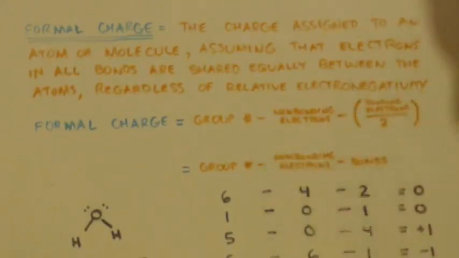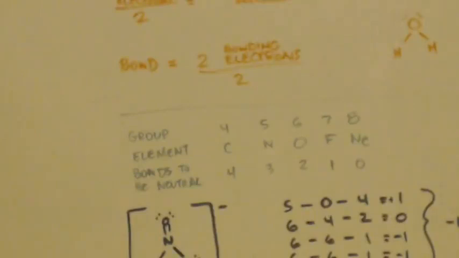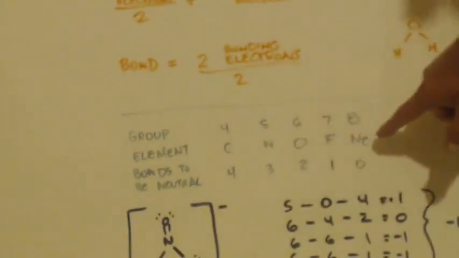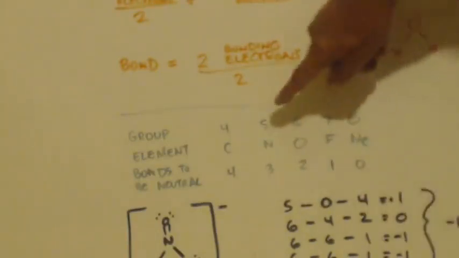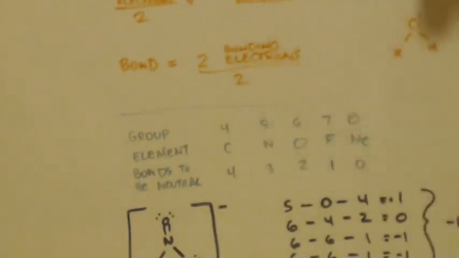Group number is, if you look on your periodic chart, the vertical lines that go up and down, those are your groups. I want you to look at this and notice these are the group numbers: carbon, nitrogen, oxygen, fluorine, neon. Group 4, 5, 6, 7, 8. See how it goes up? That's how the periodic chart looks.